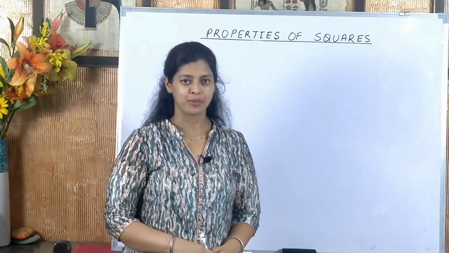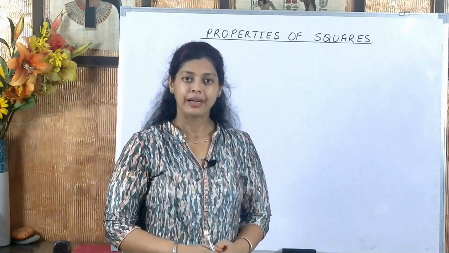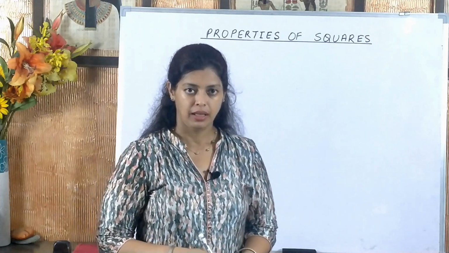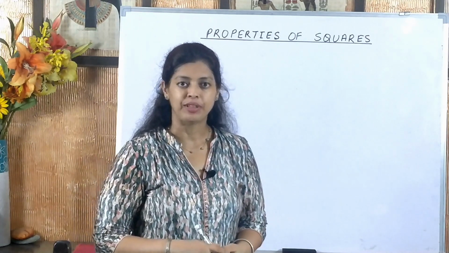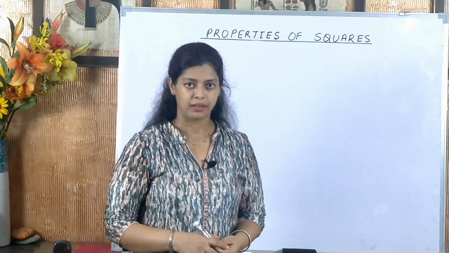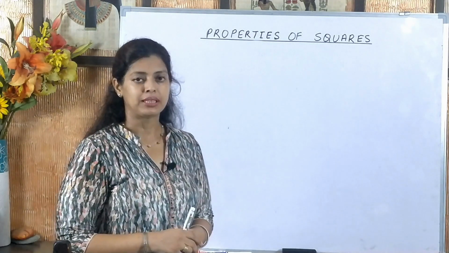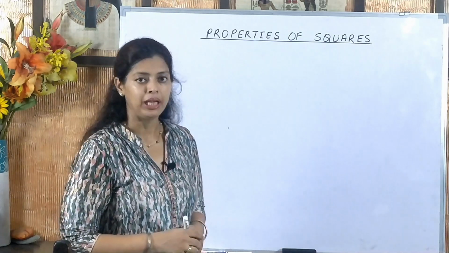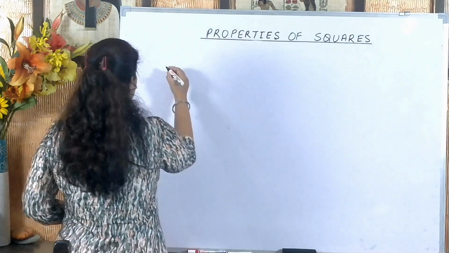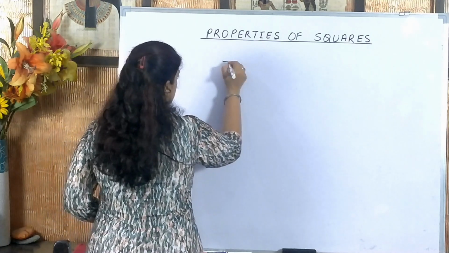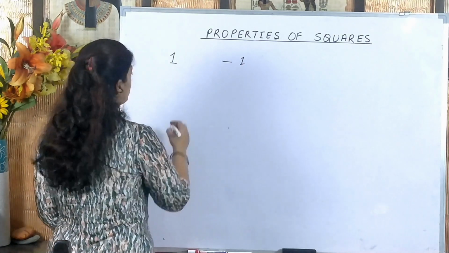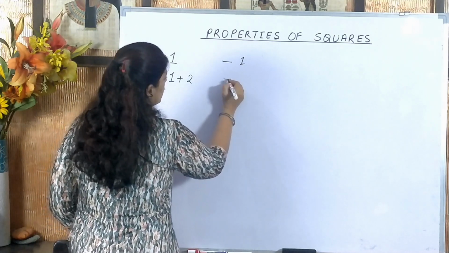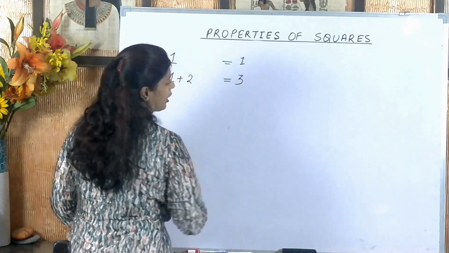Another pattern we can observe is the triangular numbers. Triangular numbers are numbers whose dot patterns can be arranged as triangles, and the sum of first n consecutive natural numbers is a triangular number. I have explained triangular numbers in detail in part 1 of this video, but still we do a brief recap. So the first triangular number is 1, and the sum of first two consecutive natural numbers, that is 1 plus 2, which is equal to 3, is the second triangular number.